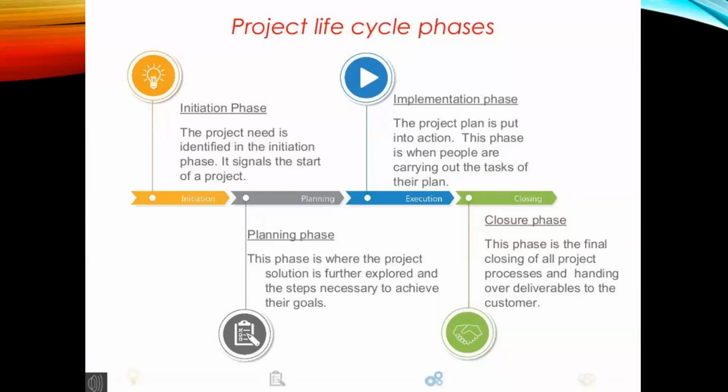For example, at the stage of planning, we have to do risk assessment, and so on until we go to closure or the review stage. So the main aim is to reduce the risk of the project, because we know every project has a risk. Thank you.